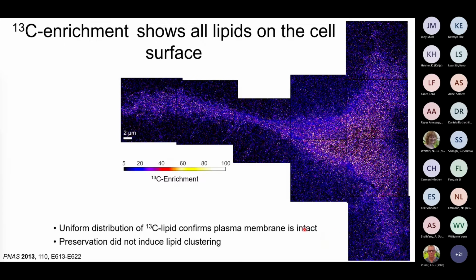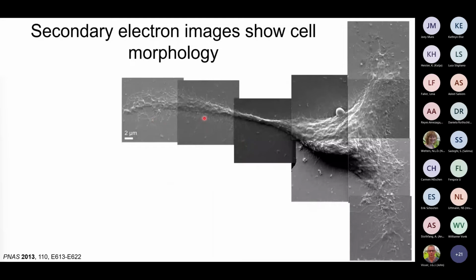What's important here is although we do have some pixelation, that's because it's not a super high yielding secondary ion fragment, we do see that this is fairly uniform. We also perform statistical analysis on all the images to confirm it is in fact uniform. You could see some of these micro extensions. So there they were here.